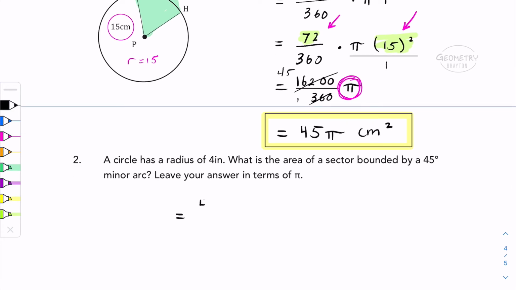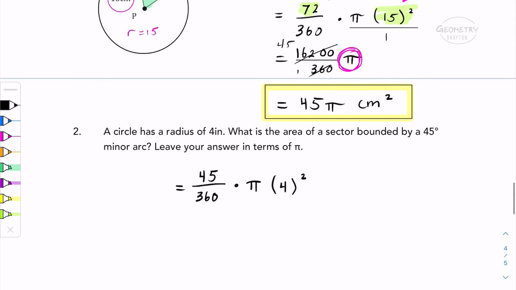So if we know 45 degrees is the measure of the minor arc that's associated with the sector, we have 45 divided by 360 multiplied by pi times the radius of 4 squared. So 45 divided by 360, we're going to multiply our numerators of 45 times 4 squared.